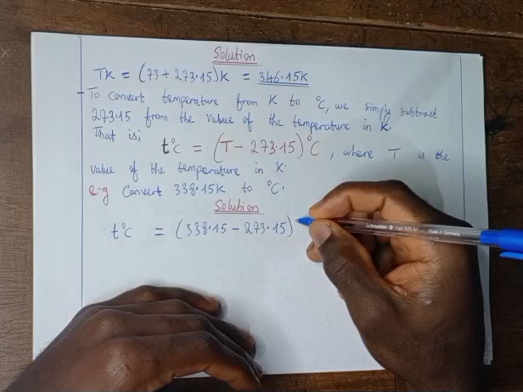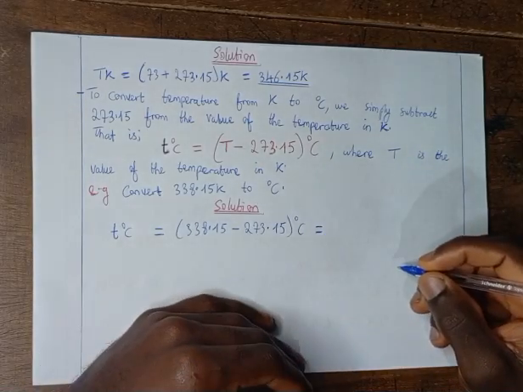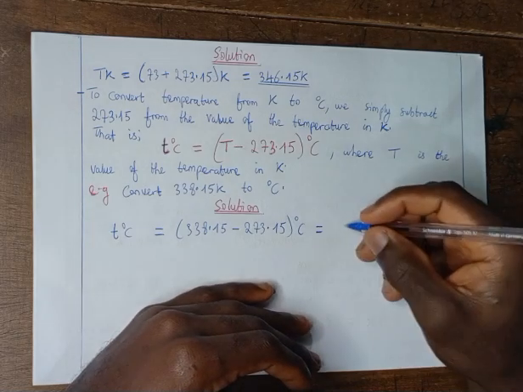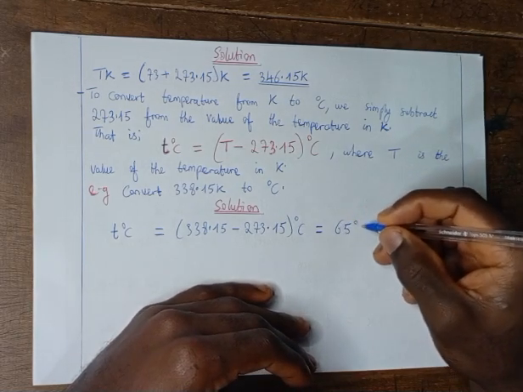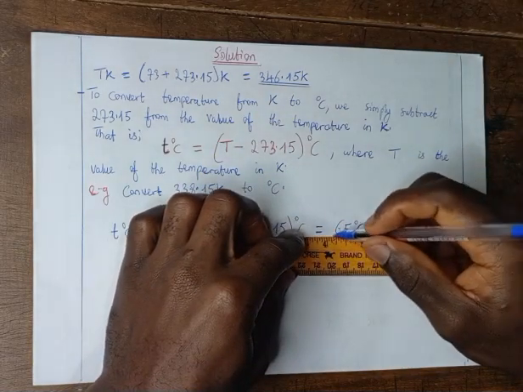All this will be in degrees Celsius. If you take 338.15 minus 273.15, this will simply give us 65 degrees Celsius. This is our answer.